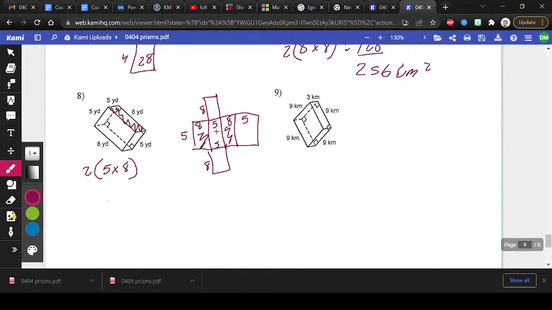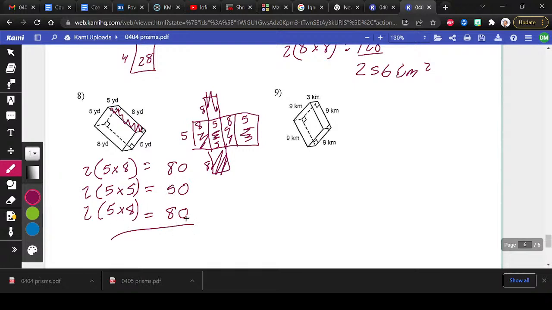And then we're going to do 2 5 by 5s. And then we're going to do 2 5 by 8s. So this is 80, this is 50, this is 80. That's 210.